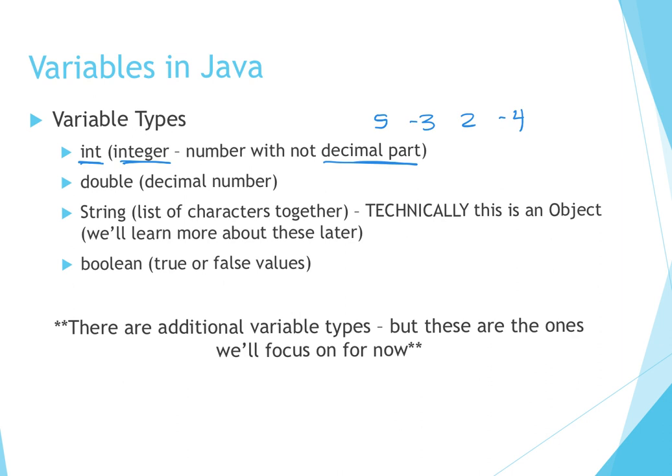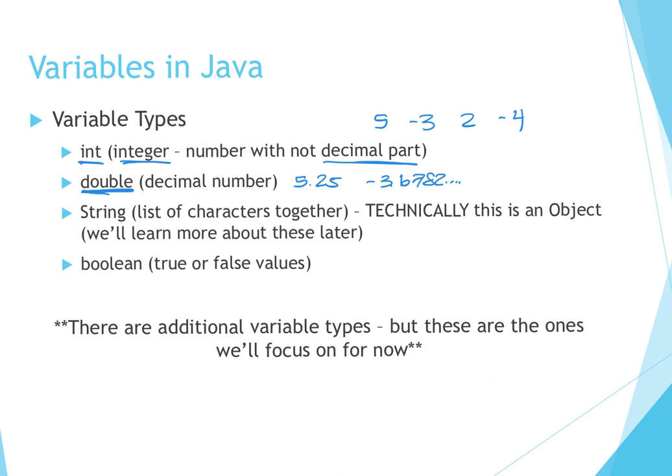Now, the second type of variable we're going to focus on is the decimal numbers, which are of type double. If we create a variable of this type, you can have something like 5.25, or -3.6782, and it goes on forever.